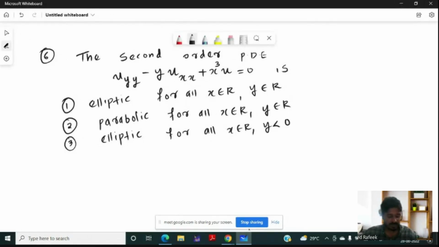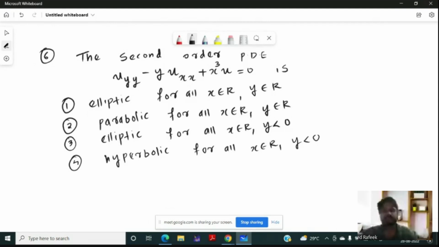Option 4: hyperbolic for all x belongs to R, y less than 0. Solve it and tell me the answer fast.